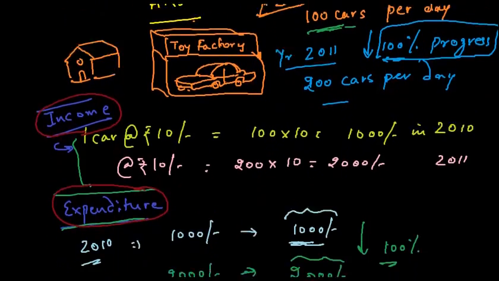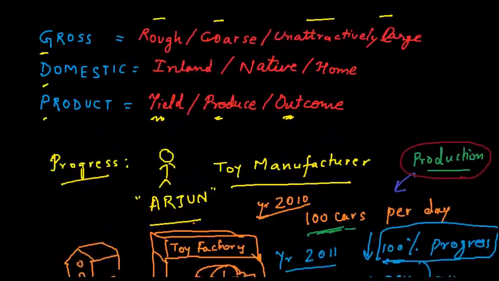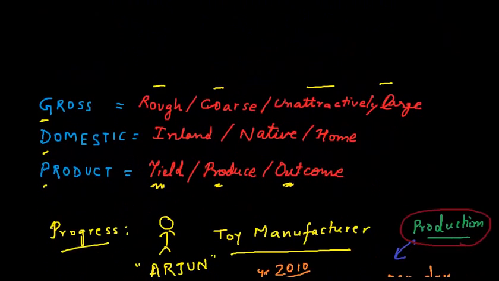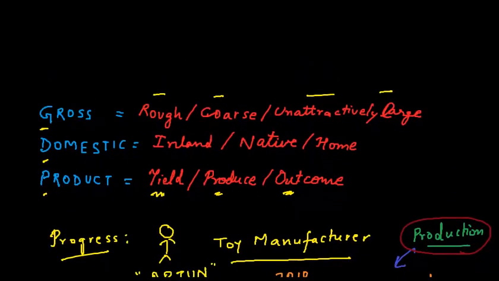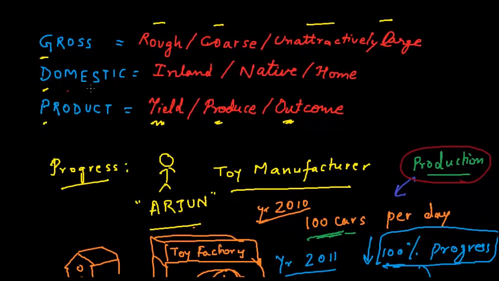So this could be a way he can check progress from one year to another. Now this is the same thing that we call the domestic produce, in terms of an individual.